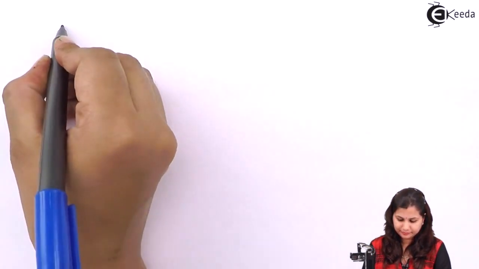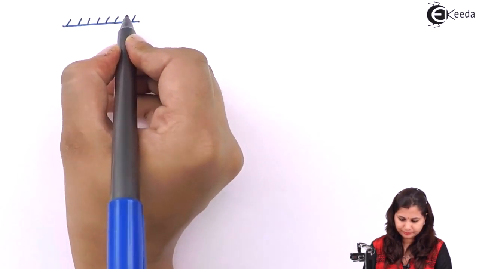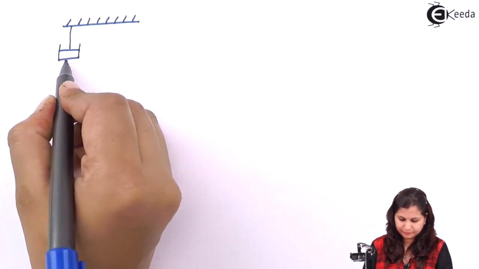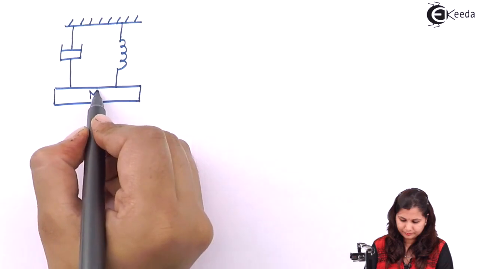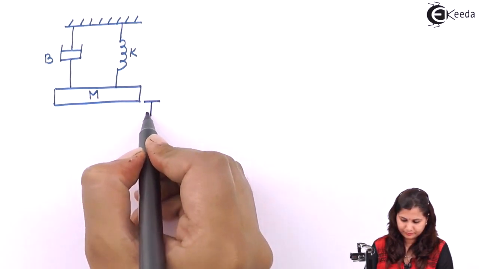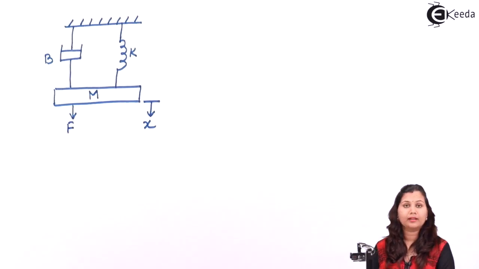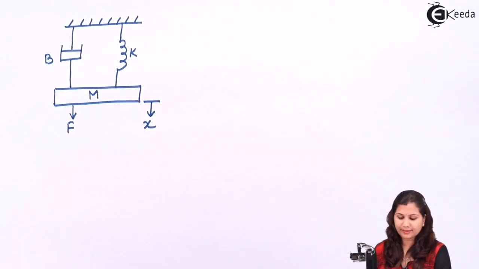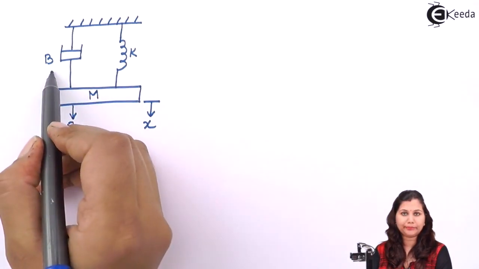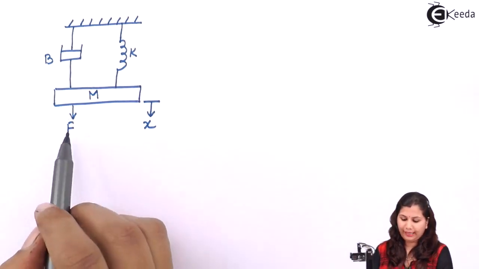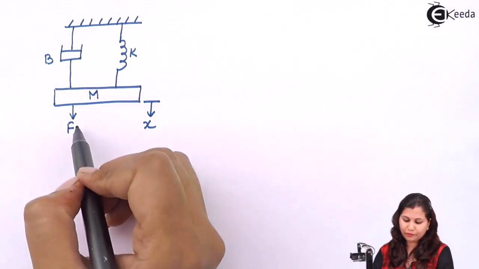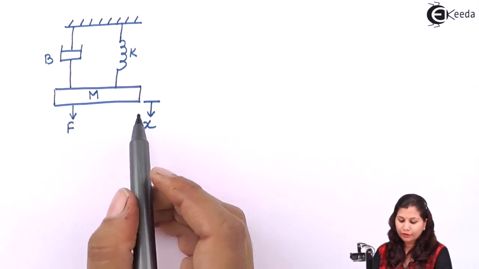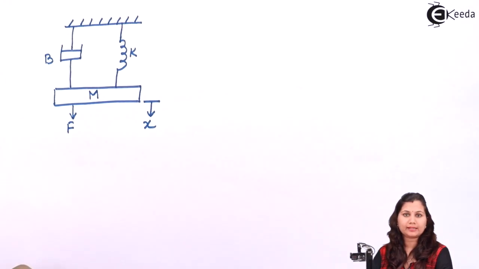Let's draw the diagram of the mechanical translational system. This is a mechanical translational system having three elements: damper, spring and a mass, and on this system an external force F is applied, and this force produces an acceleration due to which this displacement x is caused.